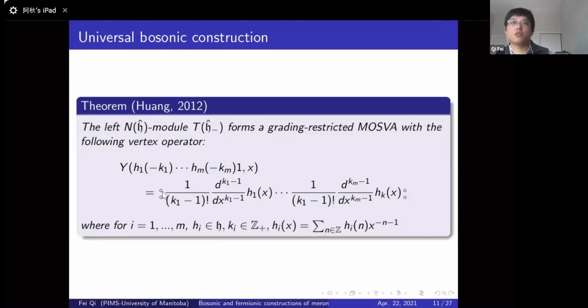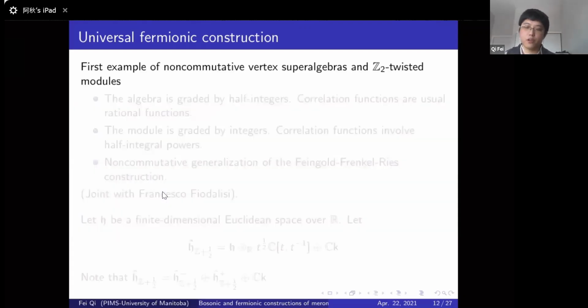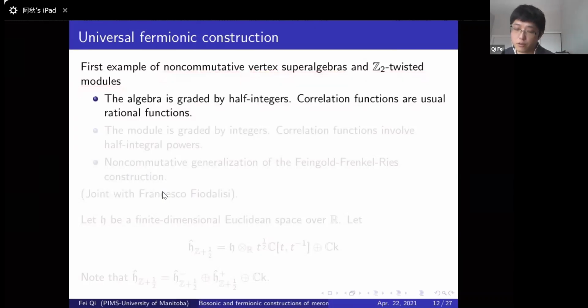Okay, so this is the bosonic version, and as you would expect, there should be a fermionic version. The fermionic version is basically the first example of non-commutative vertex superalgebras and Z_2 twisted modules. The features are the following.